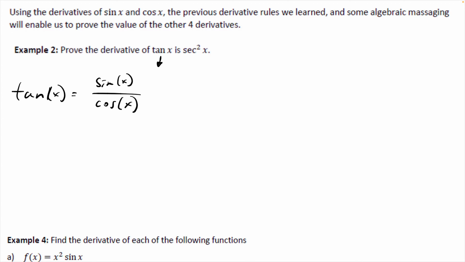Okay? So now let's find the derivative of that. To find the derivative of that, we're going to use the quotient rule. Yep. So find the derivative of this guy.